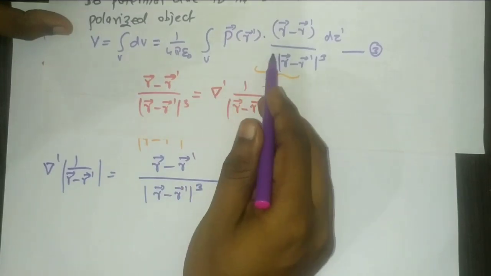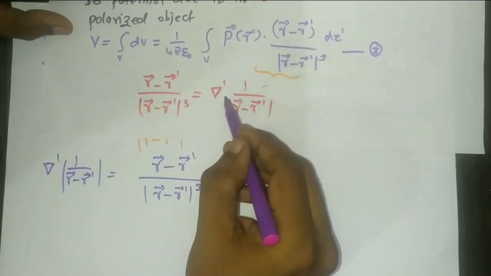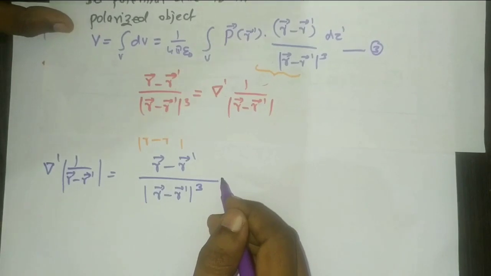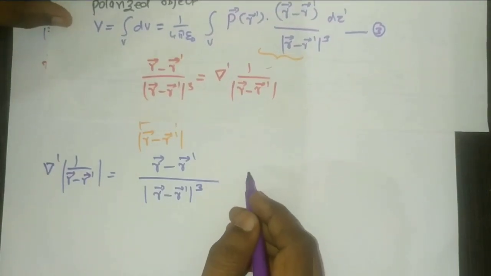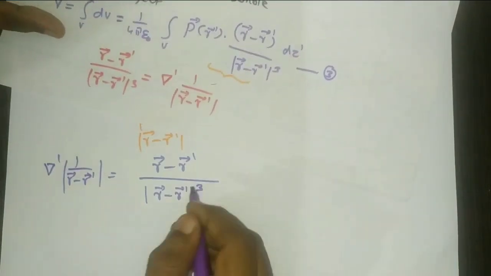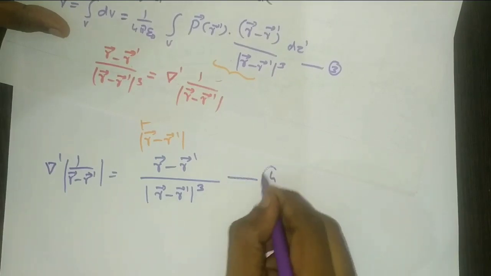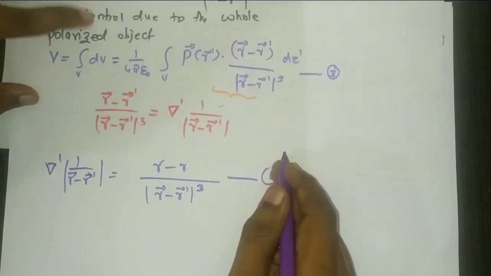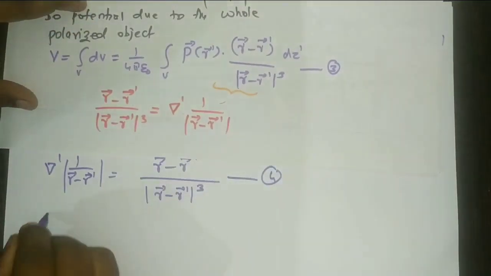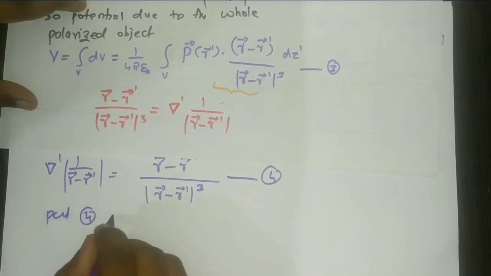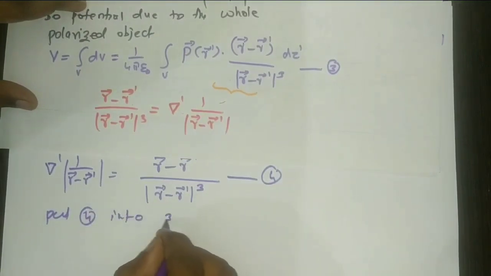We can replace this quantity (r − r') by this expression. I hope the proof is clear for you. Now let us call this equation number 4. Let us put equation number 4 into 3.